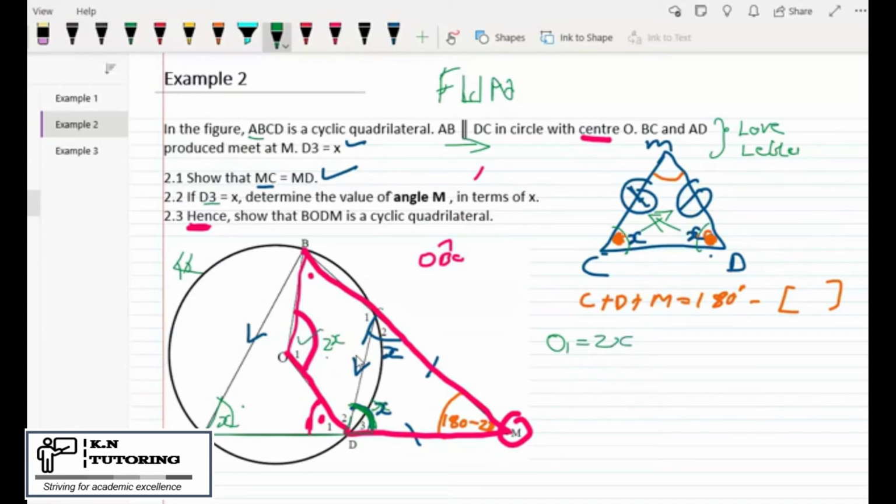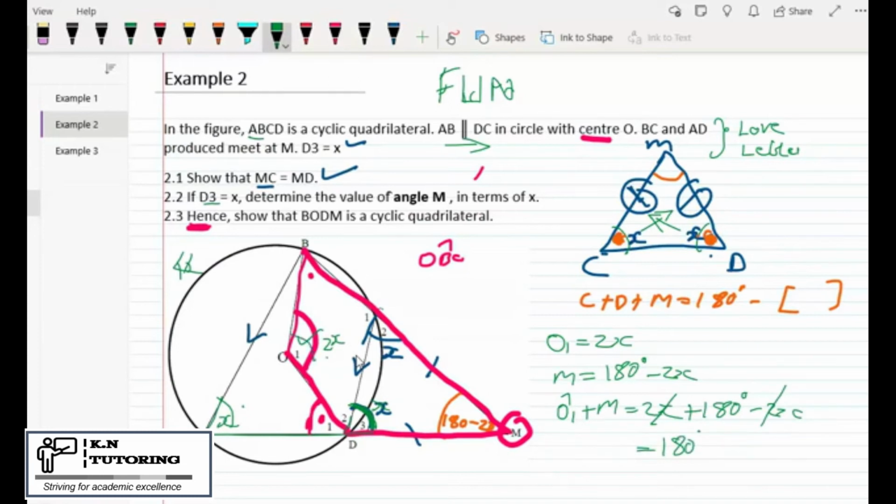Number one, angle M is equal to 180 degrees minus 2X. What is O1 plus M? O1 plus M is equal to 2X plus 180 degrees minus 2X. This will cancel that. O1 plus M is equal to 180 degrees.